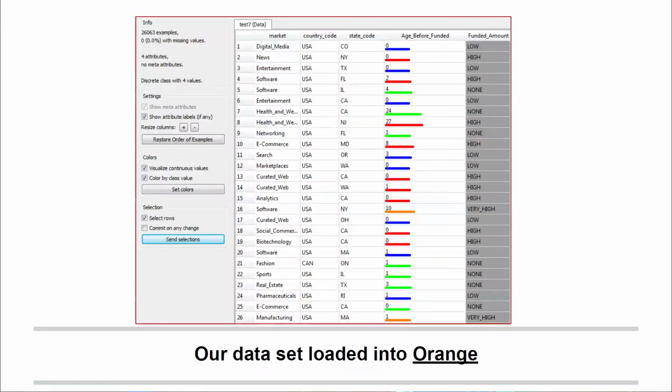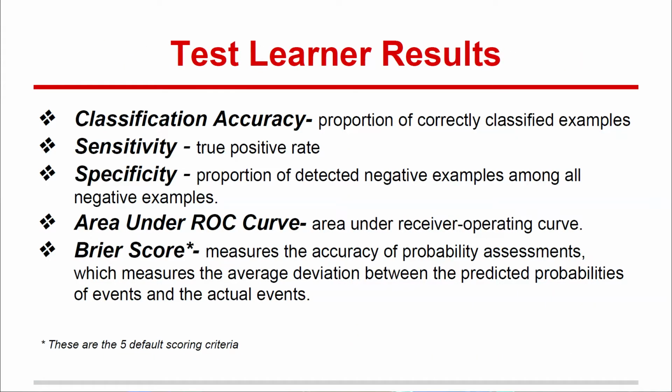So before we look in here to our test learner results, we're going to take a look here at what the results are we're actually examining. We have the classification accuracy, which is the proportion of correctly classified examples, sensitivity, the true positive rate, specificity, the proportion of detected negative examples among all negative examples, the area under the ROC curve, or the receiver operating curve, and the Brier score, which measures the accuracy of the probability assessments, which measures the average deviation between the predicted probabilities of events and the actual events.